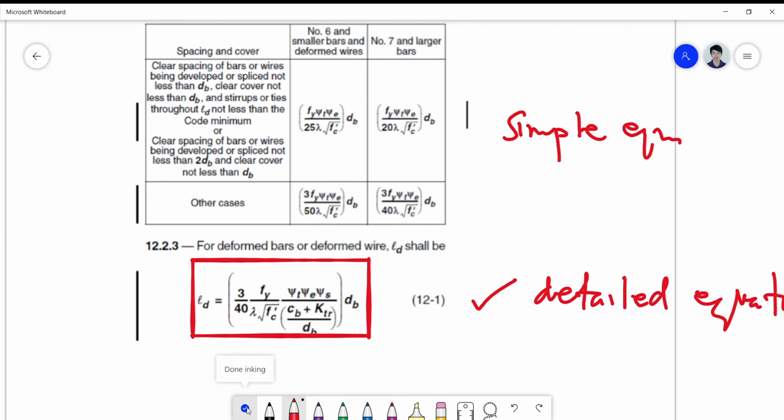Okay, so in this equation 12-1 has actually several factors or parameters involved. So the parameters in the numerator, except of course for fy and f prime c, are a little bit new to us, and also the factors involving the denominator, lambda, Cb, Ktr, are maybe new to us at this particular point.